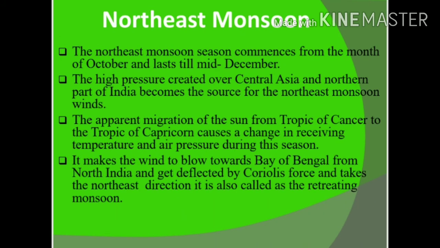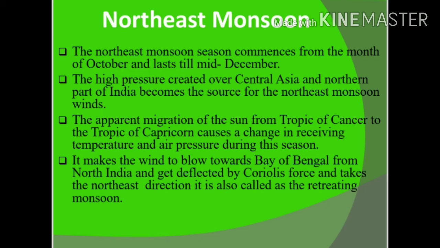The last season is the northeast monsoon, which commences from the month of October to December. The high pressure created over Central Asia and the northern part of India becomes the source for the northeast monsoon winds.